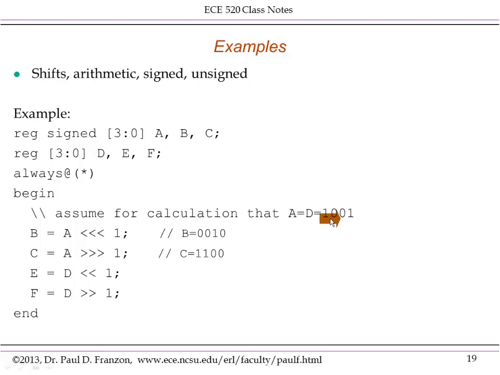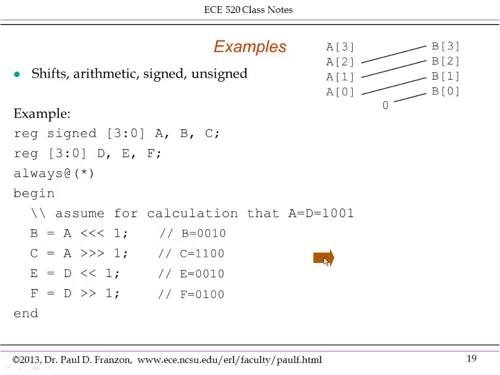The sign bit here, so we shift it to the right, which should actually be 0, 1, 0, 0, but we get sign extension, so it becomes 1, 1, 0, 0. D shifted left 1 becomes 0, 0, 1, 0. D shifted right 1 would become 0, 1, 0, 0.